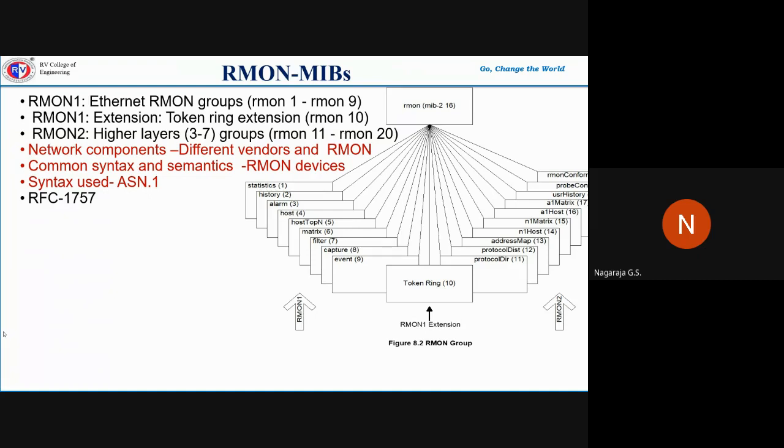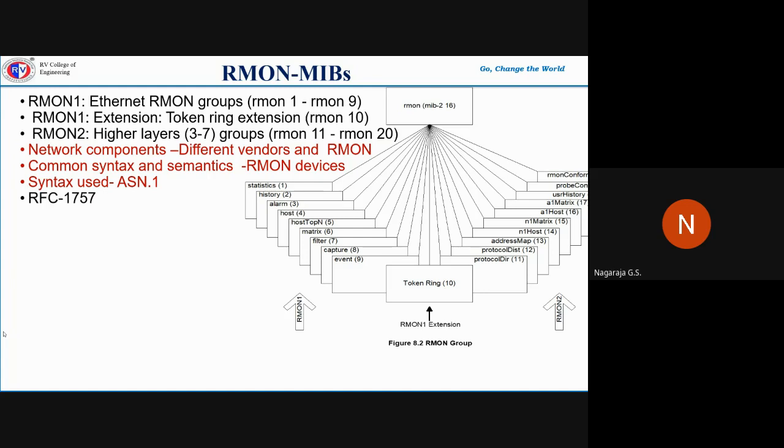It is possible because of the availability of MIBs in RMON. That is the management information base. Groups: totally, there are RMON 1 Ethernet groups. I think you can just notice that.